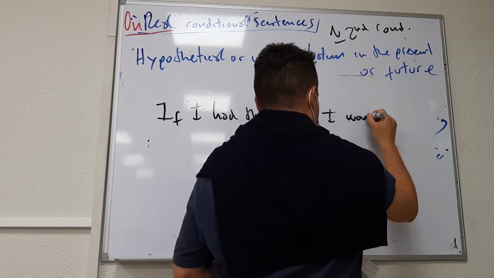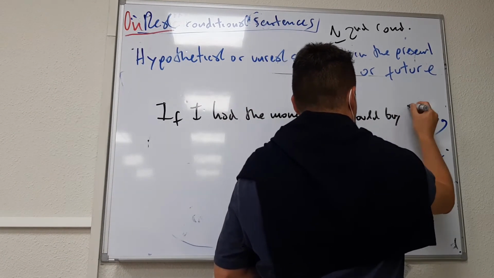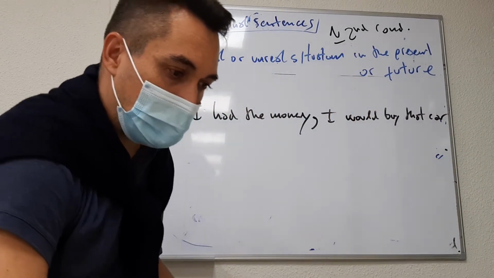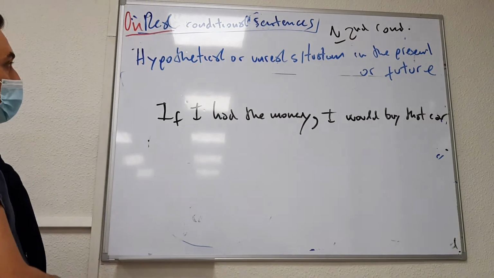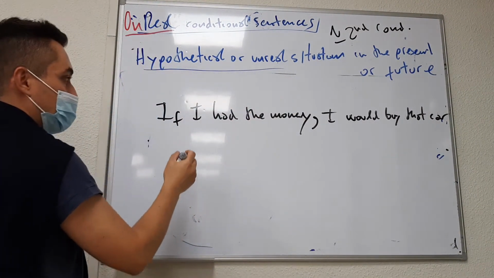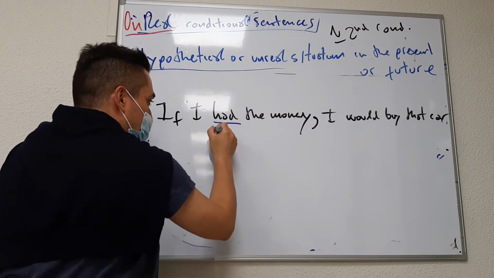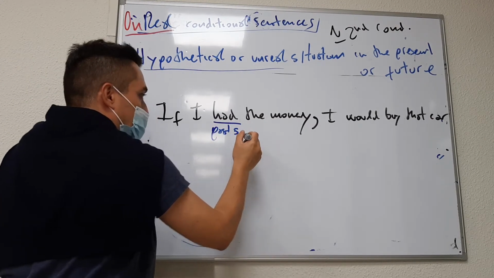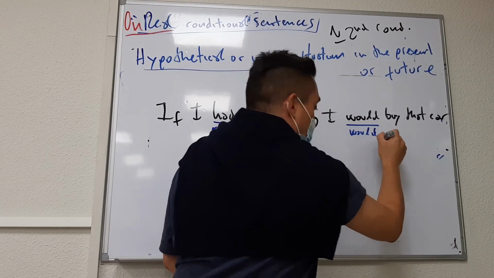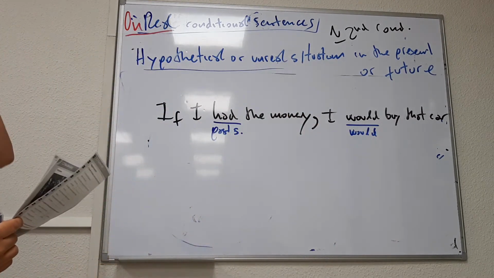Alright, this is the typical second conditional which expresses a hypothetical or unreal situation. What do we have? Past simple, yeah? And then would, yeah? However, there are more ways to express this second conditional.